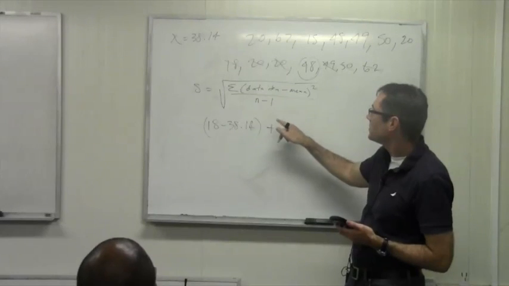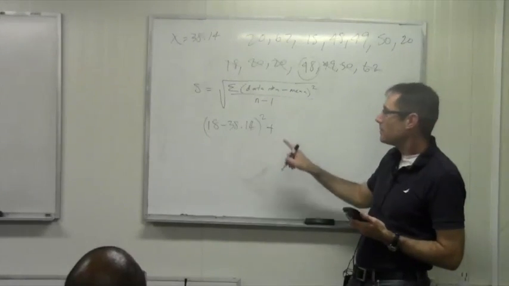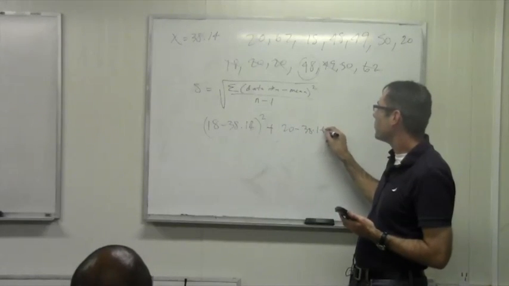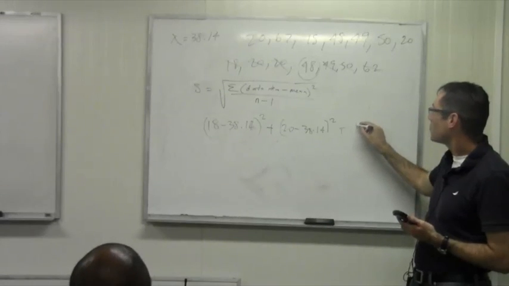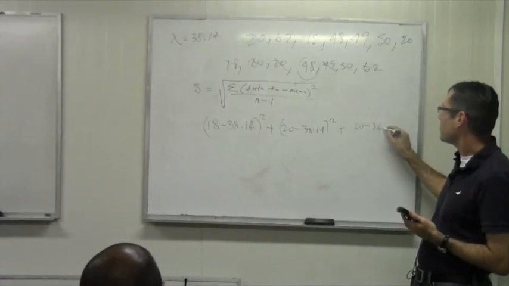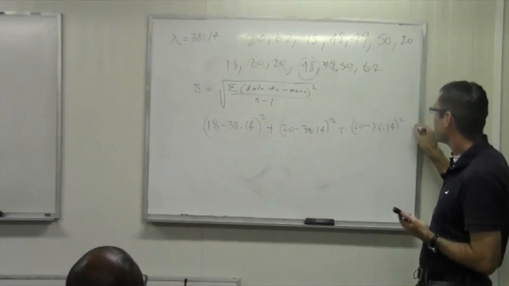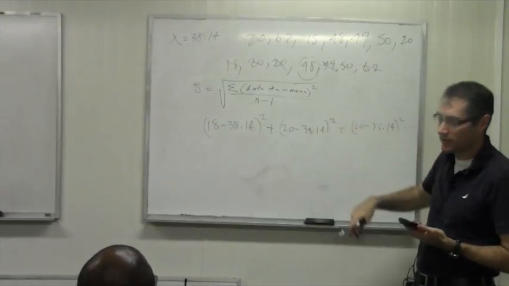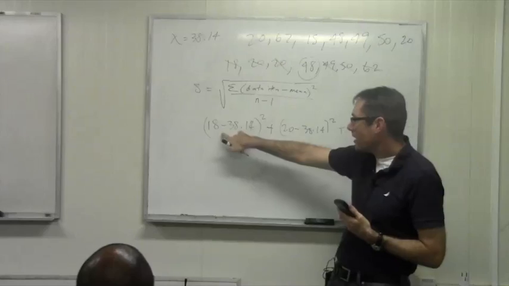Plus, actually, squared, plus 20 minus 38.14 squared, plus 20 minus 38.14 squared, etc. So you do all that, you add them all up, you square them, you get all the different values, okay?